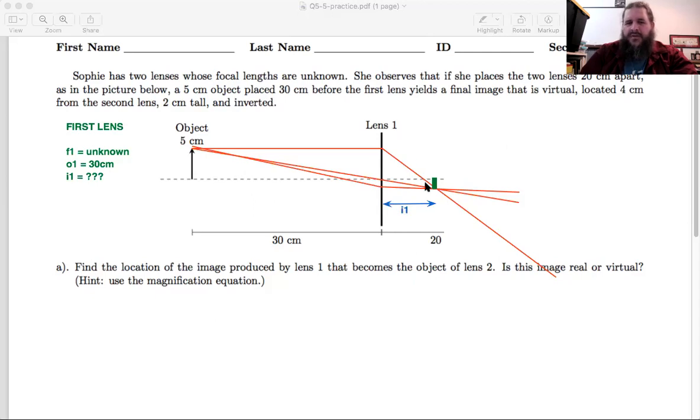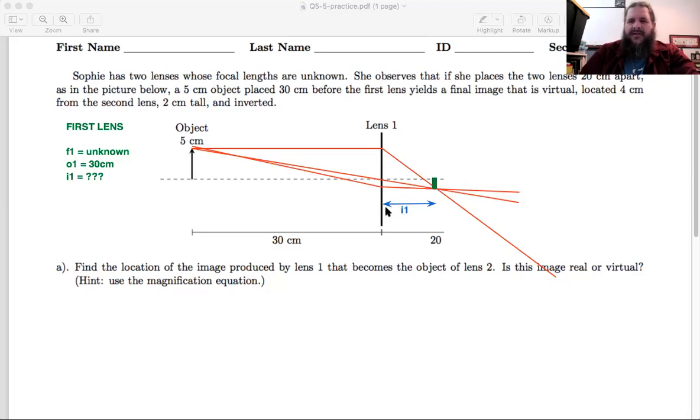First, we actually don't know whether the first image is real or virtual. I'm just saying, suppose it's a real image for purposes of this ray tracing. If it ends up being a virtual image, we'll get the same result, except that I1 will be a negative value.